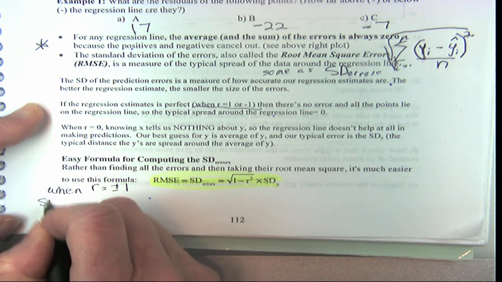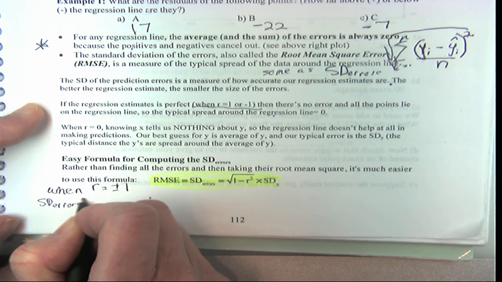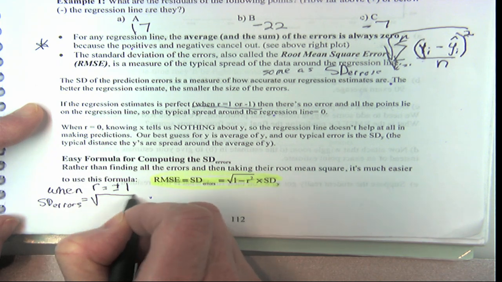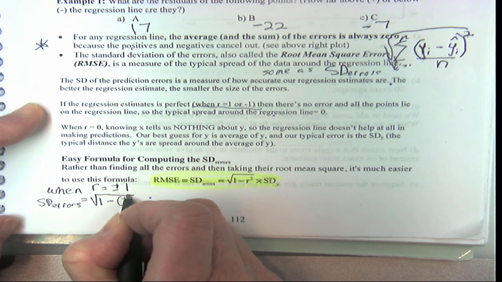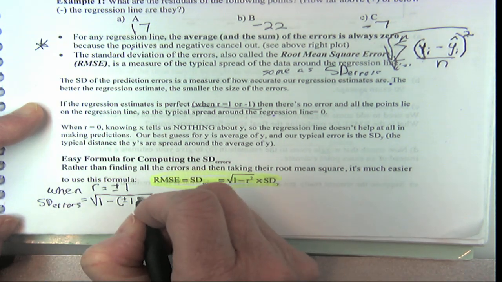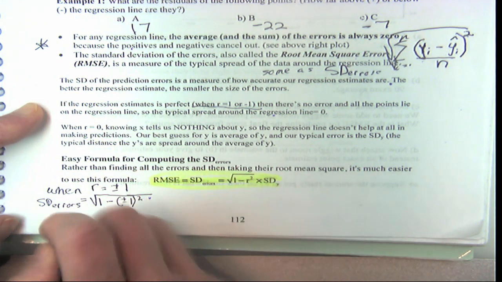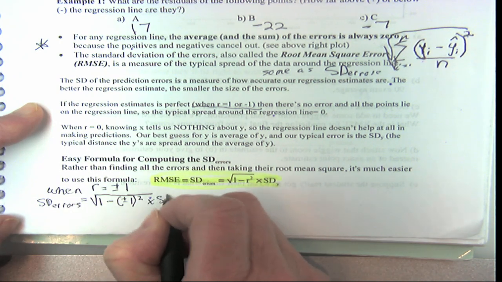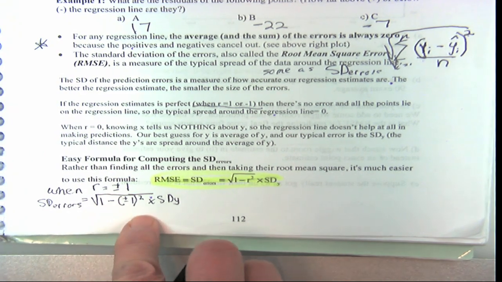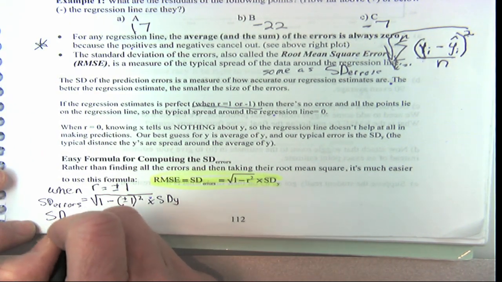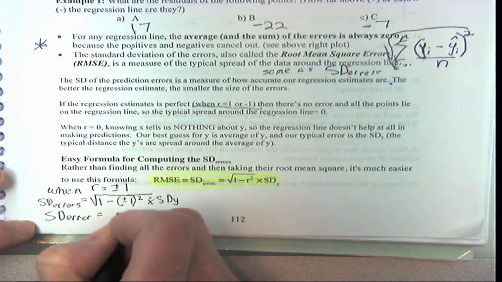The standard deviation of the errors would be equal to the square root of 1 minus plus or minus 1 squared, times the standard deviation of the y's. So that would be what? 0. So the standard deviation of the errors would equal 0.